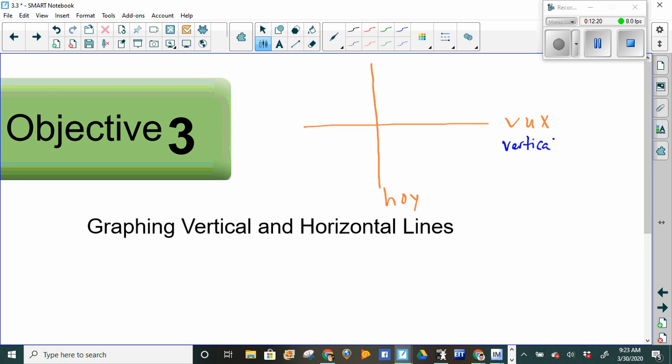When you have an equation that is vertical, it's going to say x equals some number, some constant. And Hoy is for horizontal. And you're going to have an equation that says y equals some constant. So we're going to graph those. These are the easiest ones, and they always trip everybody up because you expect them to be harder. When they're easy, let them be easy.